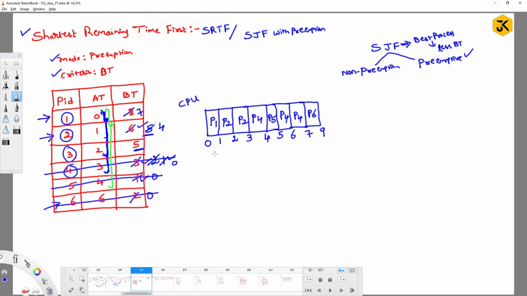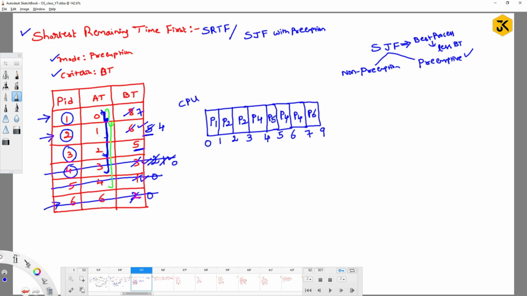Earlier we were allocating only 1 unit of time because there might be another process which may be equal or which may have higher priority. That's the reason we were allocating 1 unit of time. Now when I go with the P6 process, 2 units is very small compared to all the processes, and there is no other process coming in the near future. That's the reason I made it directly 2 units.